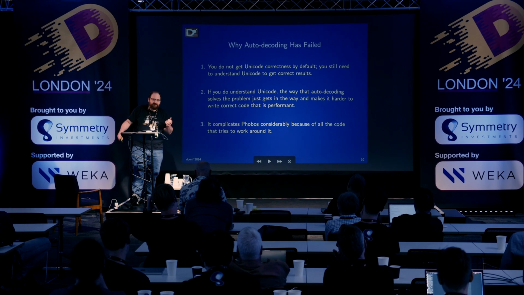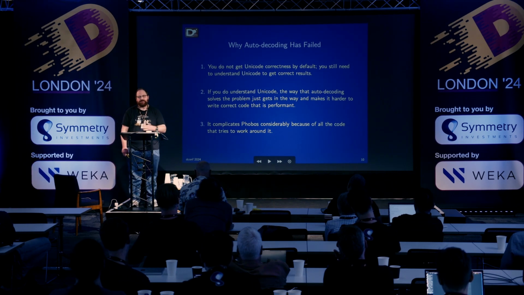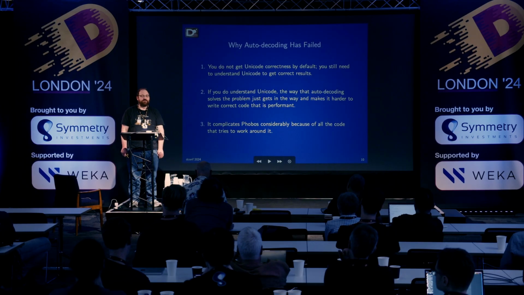But we can't really prevent that ultimately in the current situation, just partially fix some of those issues. But the only real benefit, I think, ultimately of auto-decoding is that it's kind of in your face. It results in a lot of people being forced to learn a bit more about Unicode and go and figure out how that actually works so they can do what they're going to do. But we don't want auto-decoding ultimately. It has caused too many problems.